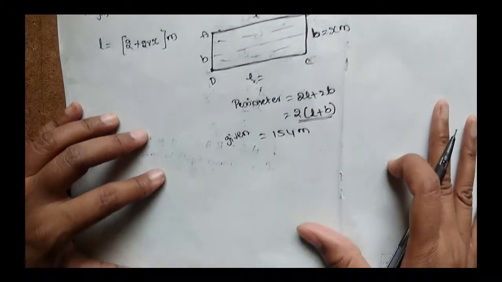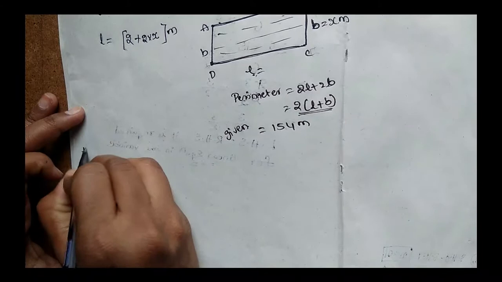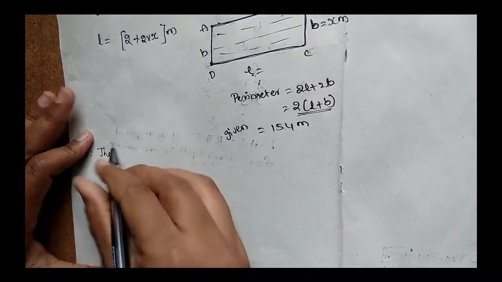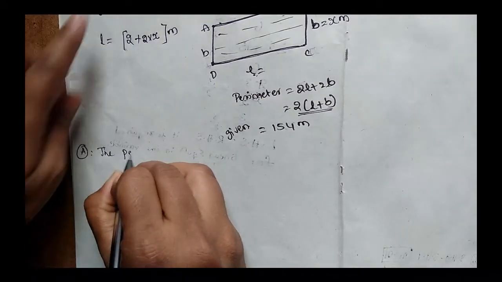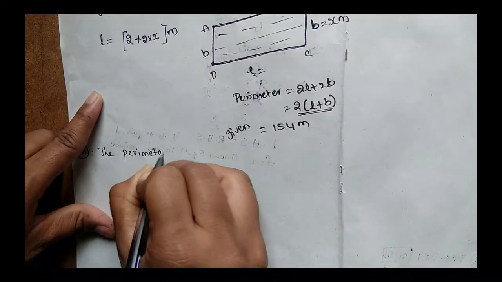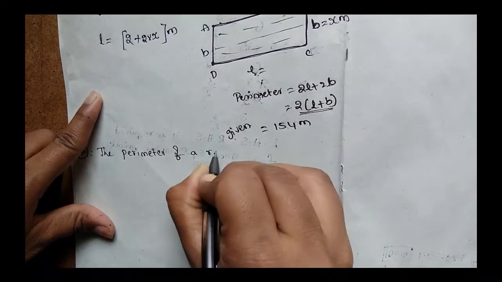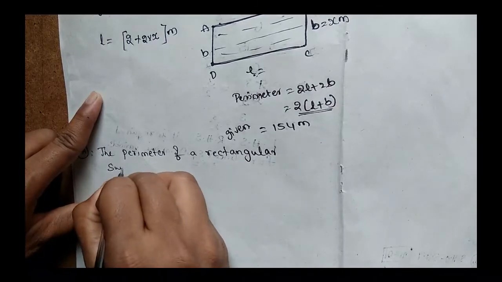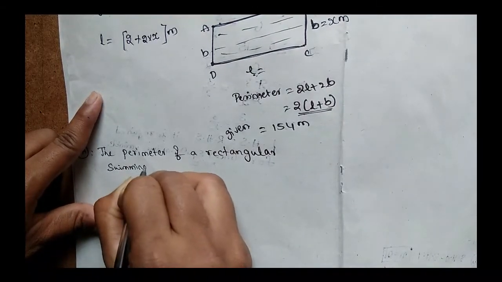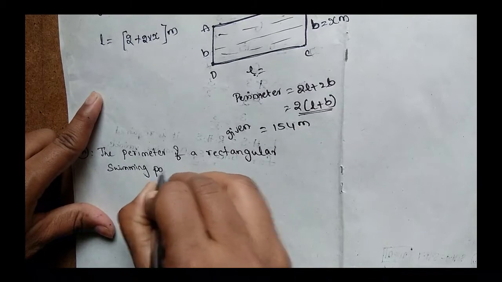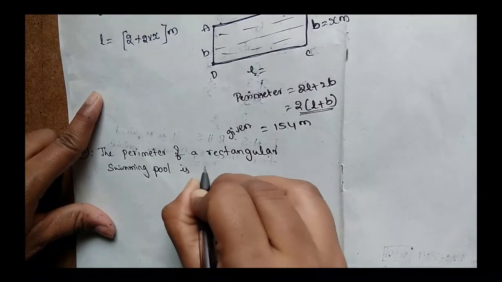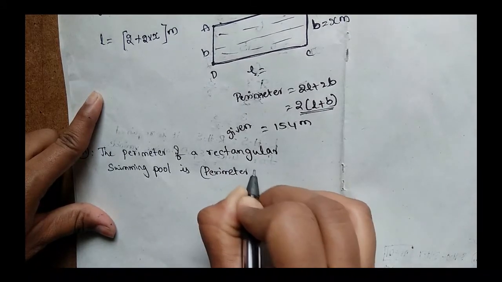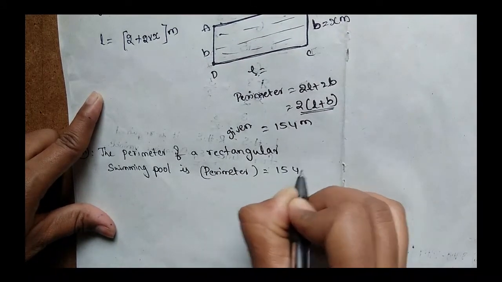Now I am doing the answer here. We are proving the answer step by step relevant to the question. The perimeter of a rectangular swimming pool is 154 meters.